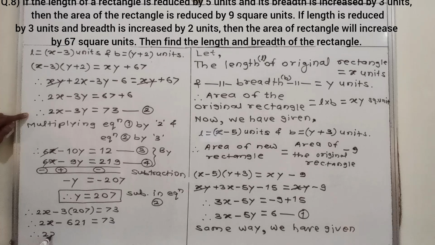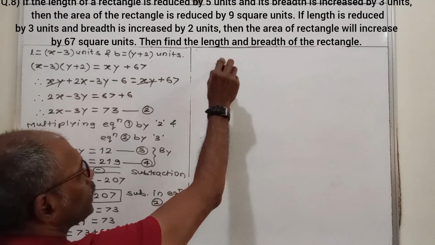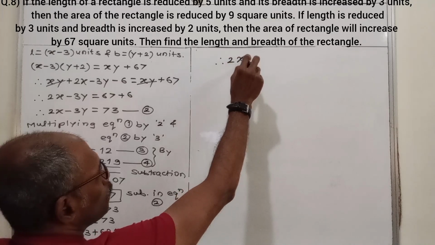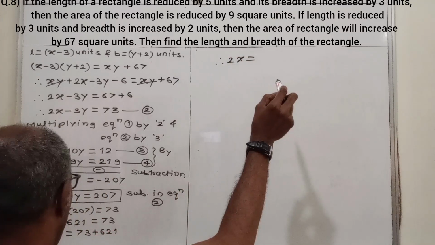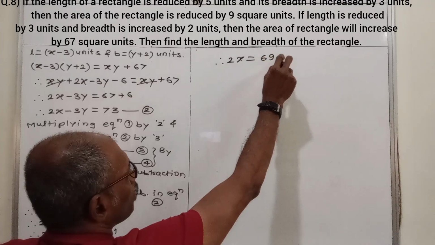Therefore, 2x is equal to 73 plus 621. Now, therefore, we write here, 2x is equal to 694.